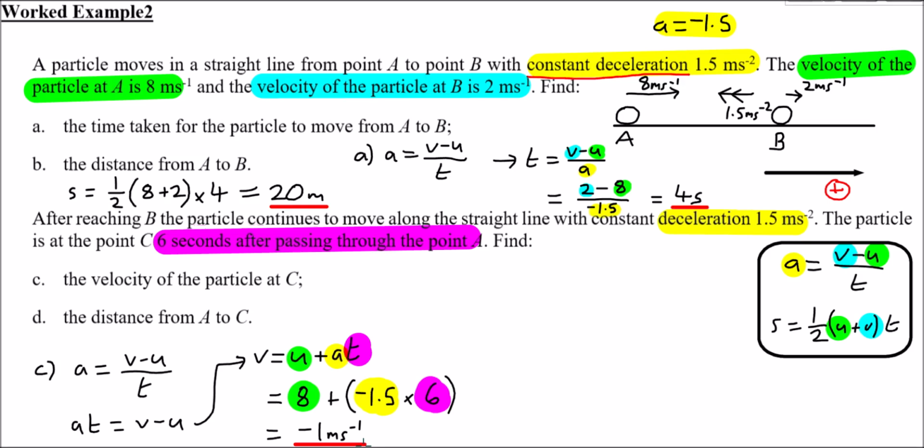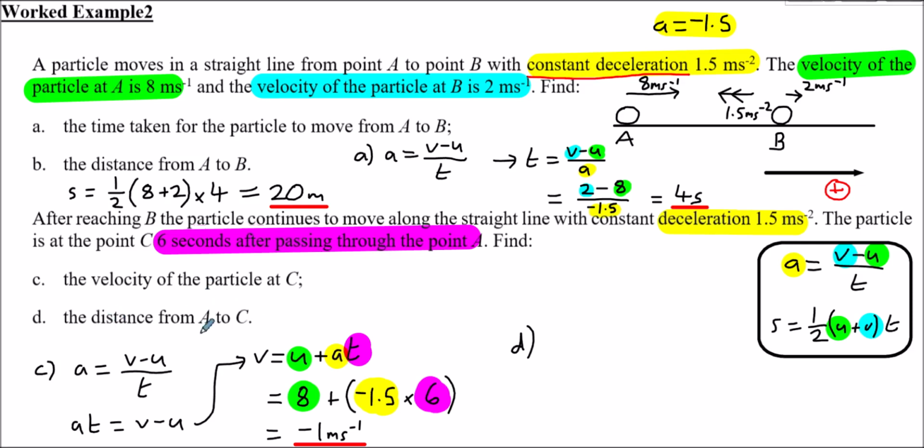So now for part D, we need to work out the distance from A to C. For this, we can still use this formula. If we think about C as the end point where we're interested in the motion, the distance from A to C is a measure of where it started from to where it is when we've stopped caring about the motion.